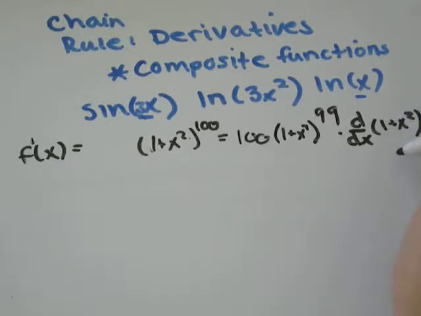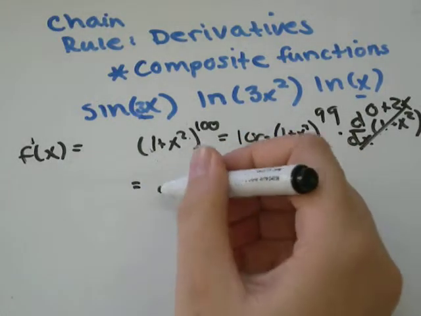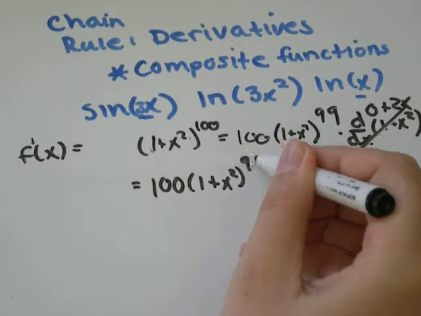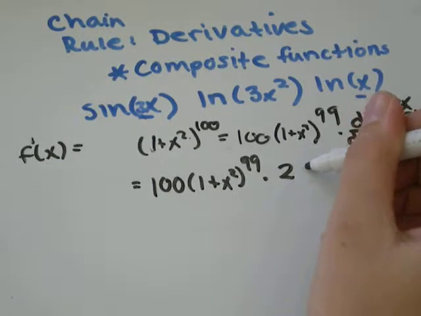The derivative of 1 is 0, the derivative of x squared will be 2x. So this will be 0 plus 2x. So this will simplify down to 100 times 1 plus x squared to the 99 times, we don't care about the 0, all we need to multiply by is 2x.